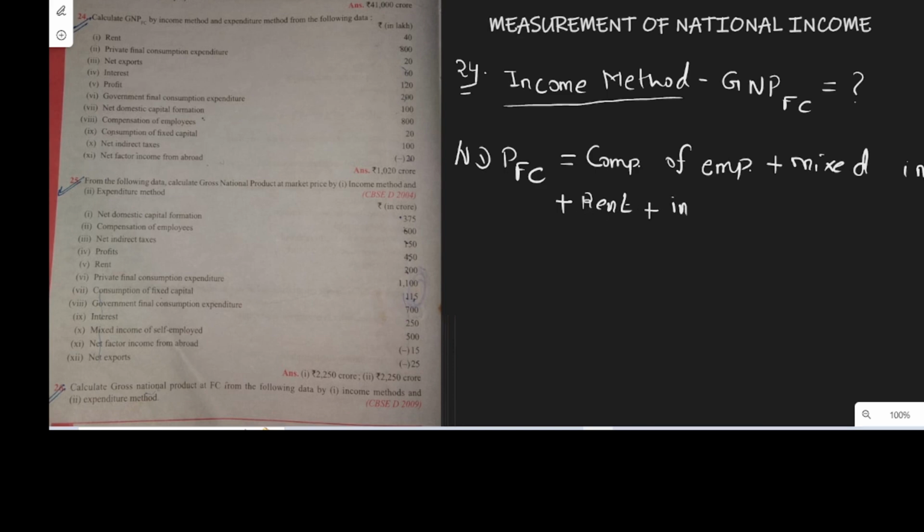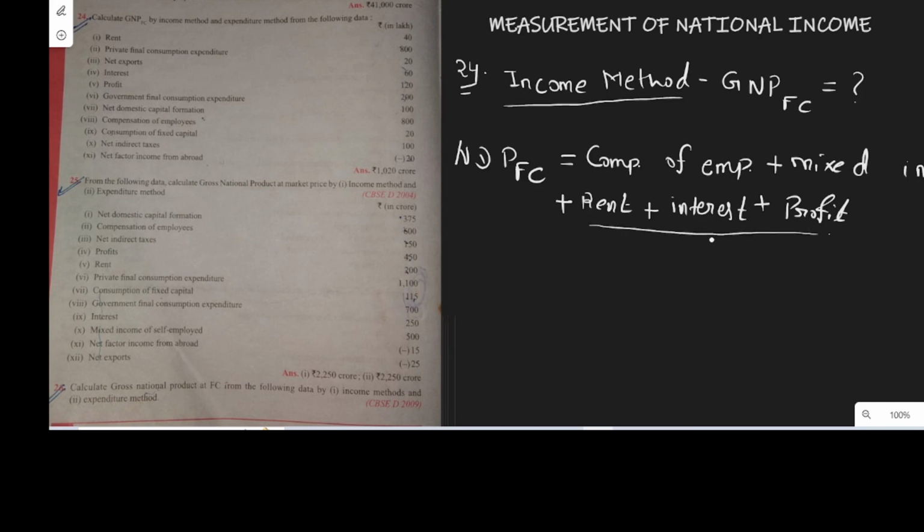Interest is also part of operating surplus. Interest is the reward in return for capital. And profit is given. Profit is the reward for the entrepreneur. So that will also be added here. Now we shall see whether any royalty is given or not. No royalty is given here. So these three things will constitute operating surplus.